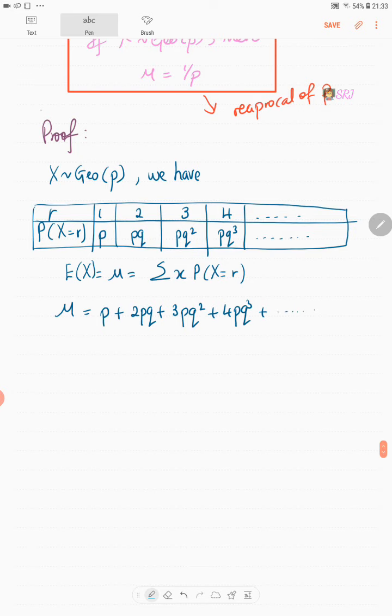We write this as equation 1. Next, we multiply equation 1 throughout by q.